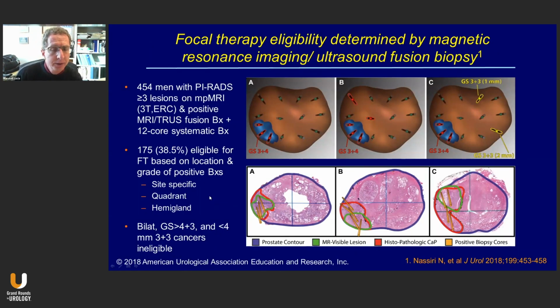This is another group. This is out of UCLA, Lenny Mark's group. They looked at 454 men with PIRADS 3 or greater lesions on multiparametric MRI. And then they did targeted biopsies and again combined it with a 12-core systematic biopsy. And what they defined were any of these three scenarios would be eligible for targeted focal therapy.